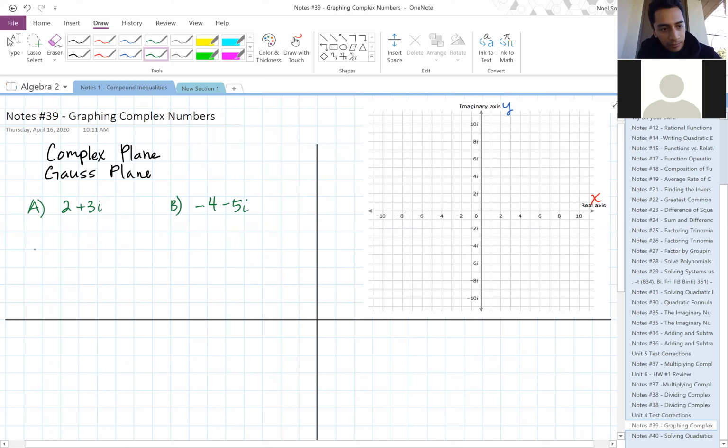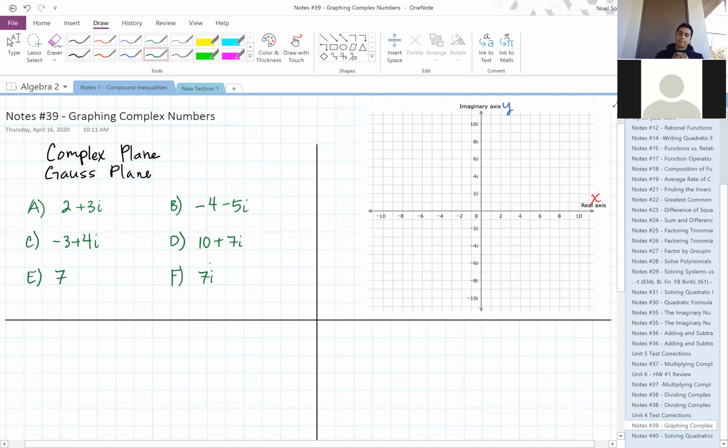C is -3 plus 4i. D is 10 plus 7i. E is 7. And in comparison to that, F is 7i only.